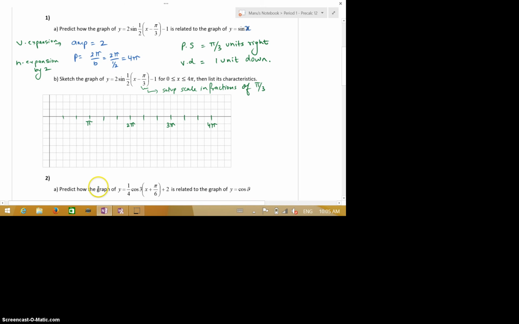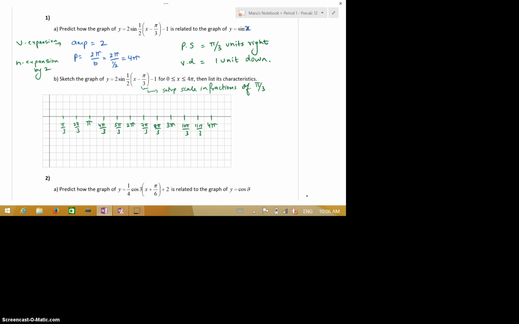That's my scale factor, going up by pi over 3 each time.